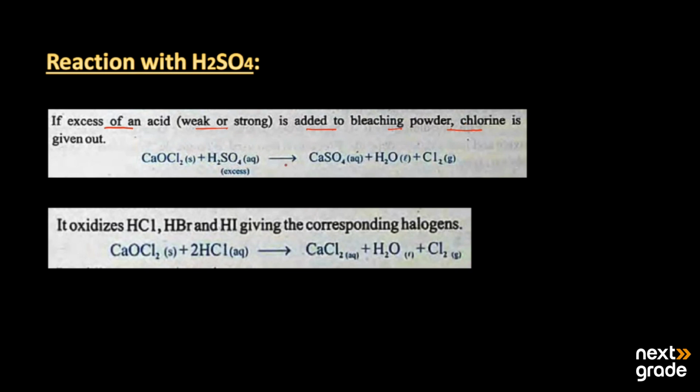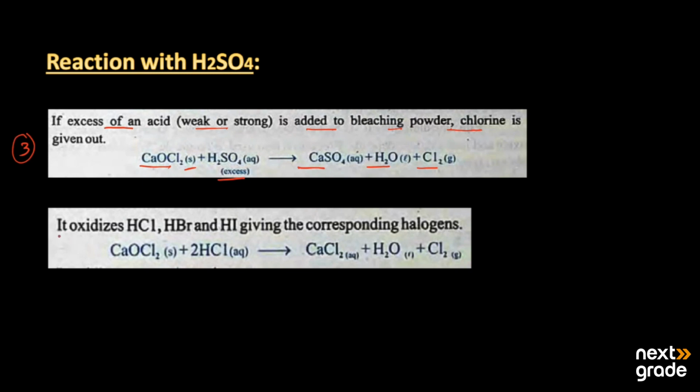For the chemical reaction, we have bleaching powder, CaOCl2, present in the solid state. When it comes in contact with H2SO4, it produces calcium sulfate CaSO4 along with water, and it produces chlorine gas. This is the third chemical reaction of bleaching powder.